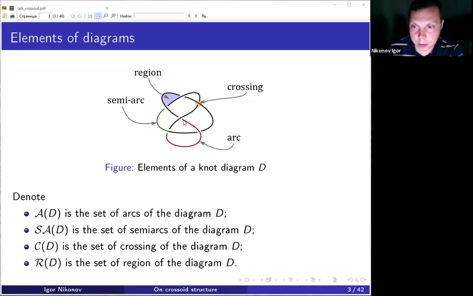We say that an arc is a part of the knot between two undercrossings. And the diagram as a graph splits the surface into connected components, which are called regions. So to a knot diagram, we may assign the set of arcs, the set of crossings, the set of regions, and we can use these sets in constructions of knot invariants.